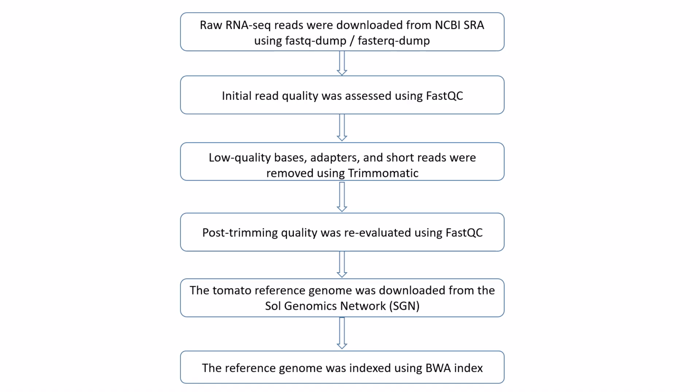Then, Trimmomatic was used to remove adapters and low quality regions to improve downstream alignment accuracy. After confirming the quality of cleaned reads, I downloaded the tomato reference genome from Sol Genomics Network and indexed it using BWA, which prepares the genome for efficient read mapping.